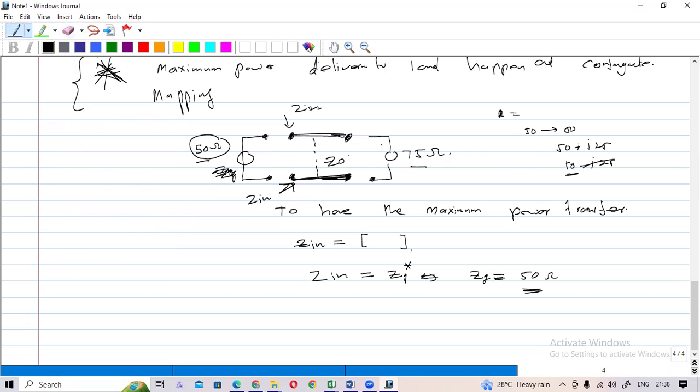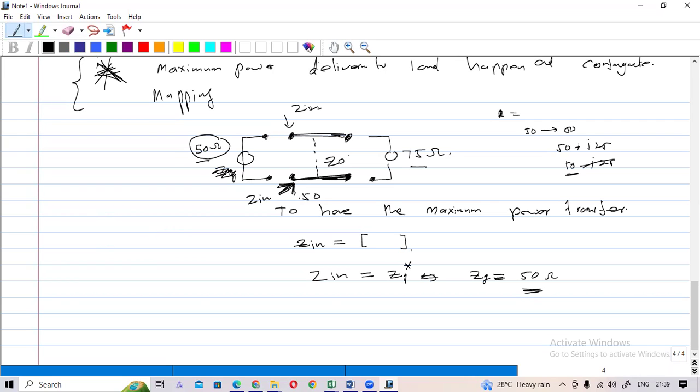So I will tell it like this. You need to equal the input impedance of this loaded line to 50. So Z in should be 50.